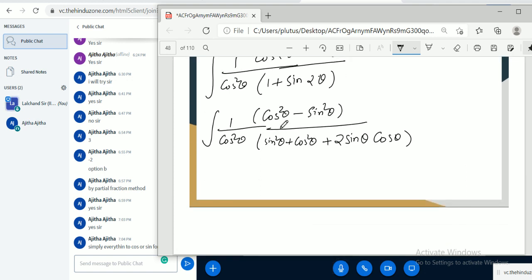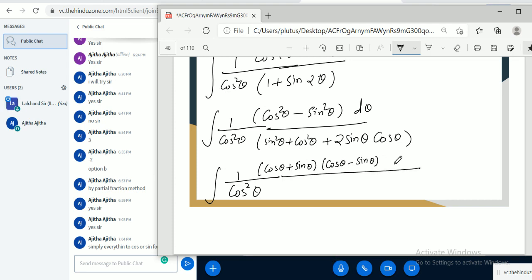Now if we simplify, we have 1 by cos square theta, and this will be cos theta plus sin theta, and cos theta minus sin theta, divided by this sin theta plus cos theta whole square, a square plus b square plus 2ab.